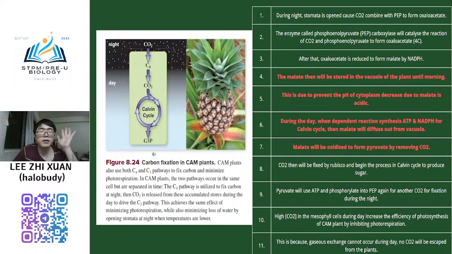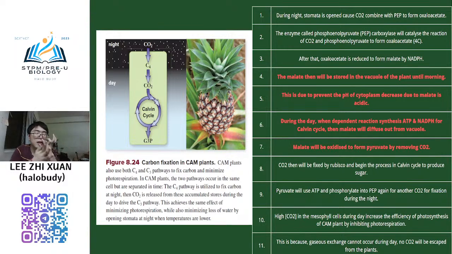Same as the pathway, the reaction, same as the C4, but the difference is it does not contain Kranz anatomy structure. This CAM plant does not contain Kranz anatomy structure. It will only involve the mesophyll cell only, same as the C3. The reaction only occurs in the mesophyll cell, but it can use the reaction pathway that's similar to C4.